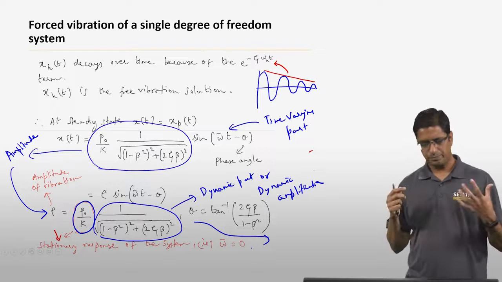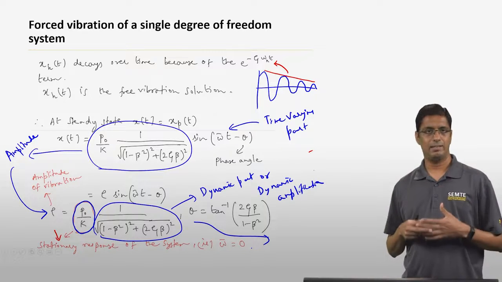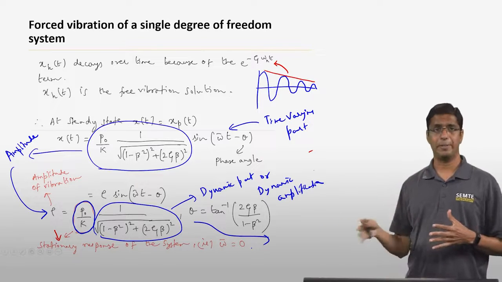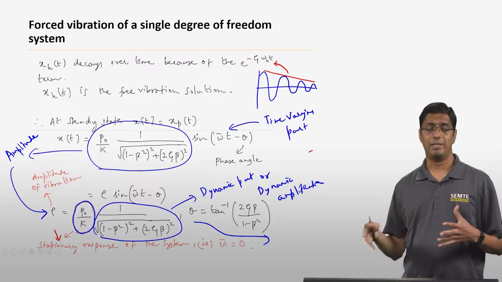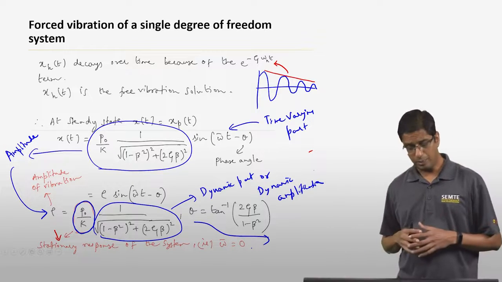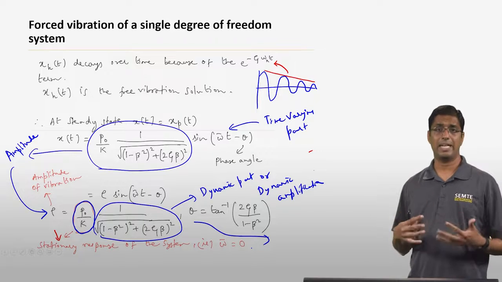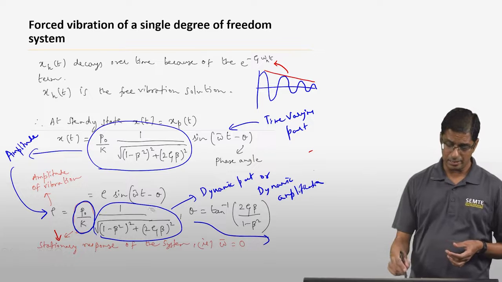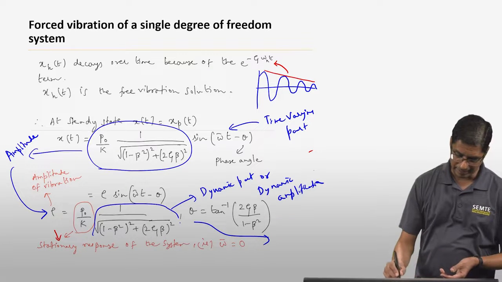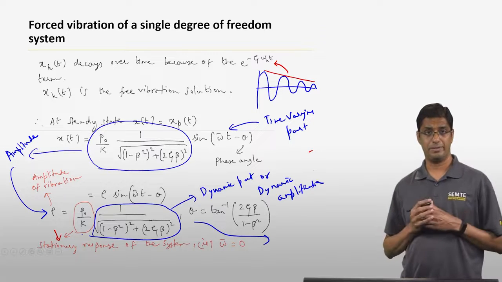Now if you take this x of t and plot it, it could be quite different from the x of t that you had for the free vibration system, or for that matter, a damped or an undamped case. The main thing that we are interested in, as mechanical engineers, is this dynamic amplification part, because that is very crucial to our structures.